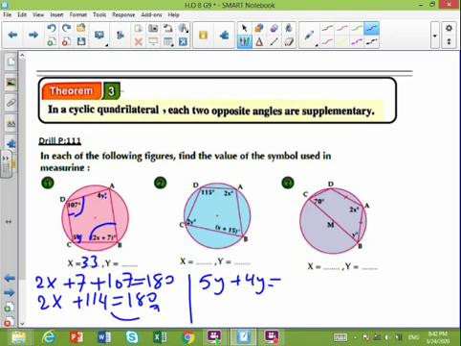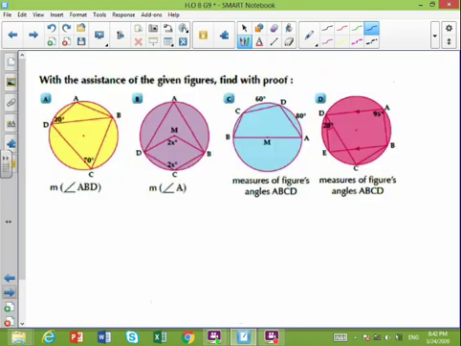Also 180 because they are supplementary. So 9y equals 180. So y equals 180 divided by 9 equals 20. Sorry, 20, not 60. Okay. The same here. x plus 15 plus 115 equals 180, and so on. They are not difficult. Okay, here find with proof.